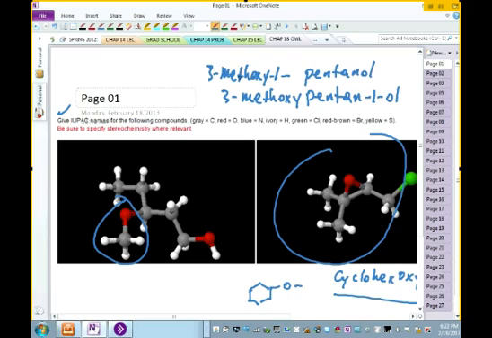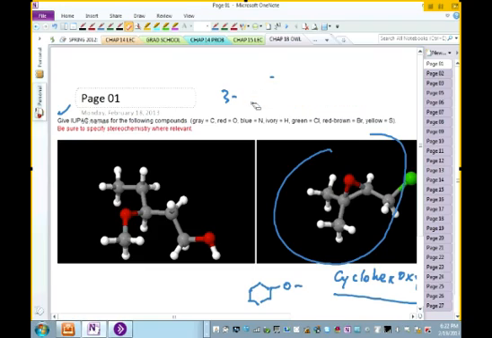Now another special type of ether is what we call the epoxide. In this case, let me go ahead and write this. Since you cannot see the colors, the green color right here is chlorine, right?